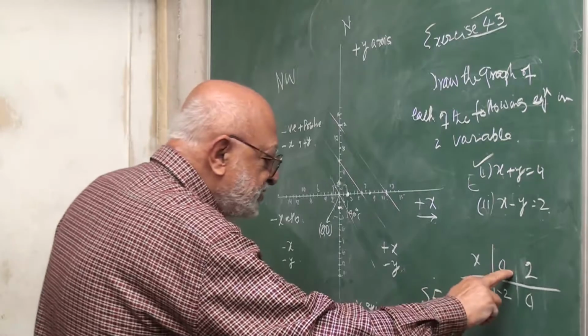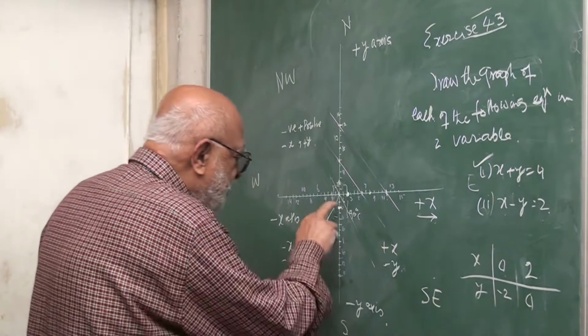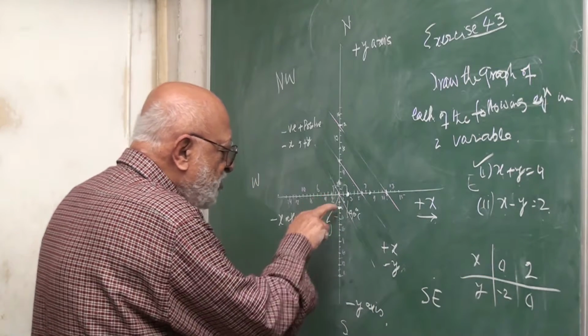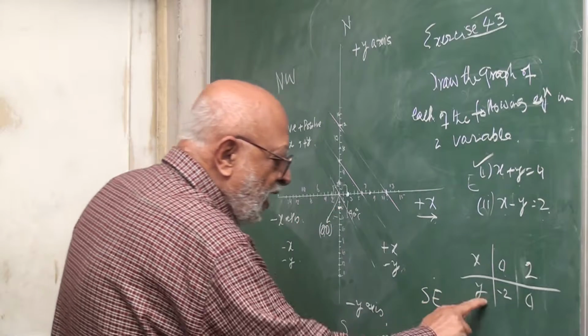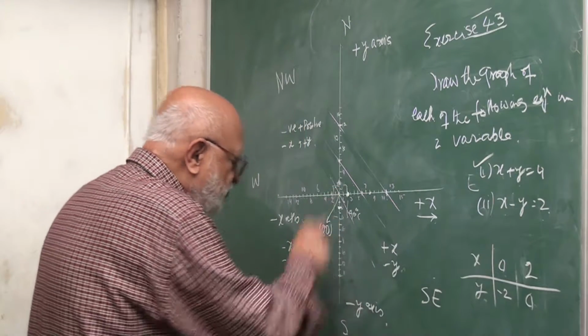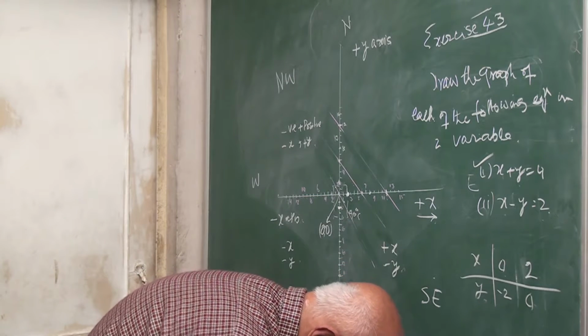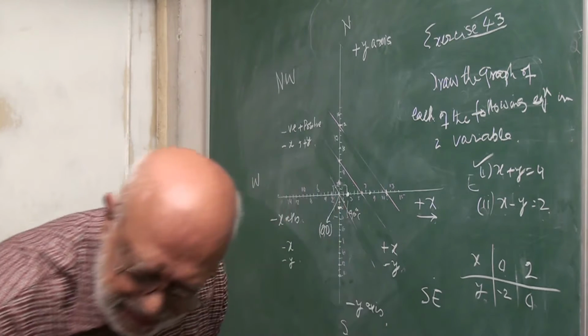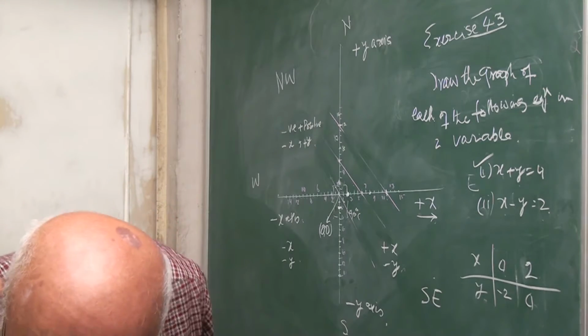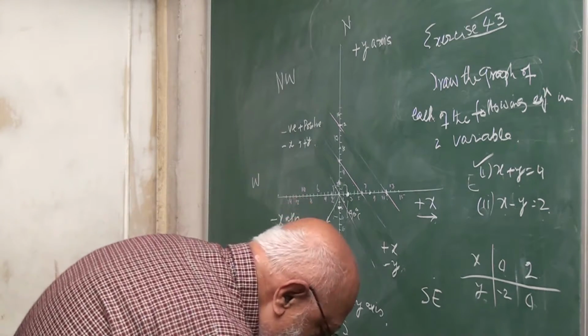So x equal to 0, y equal to minus 2, and y equal to 0, x equal to 2. This will be the line going through these particular points.